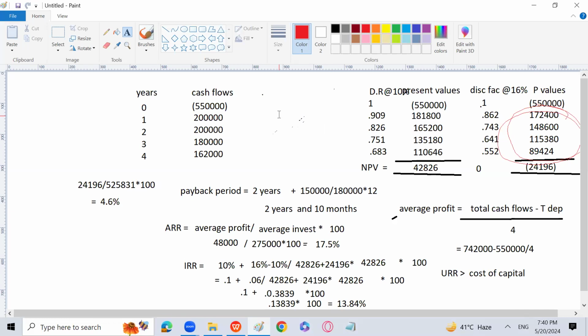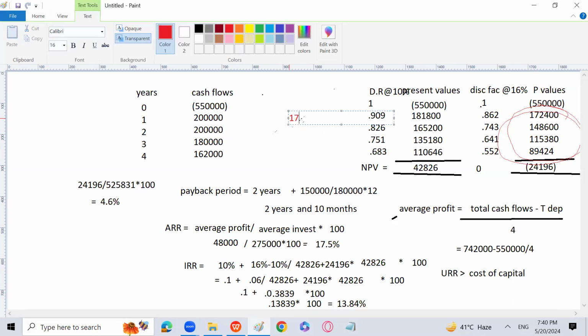So what you have to do, as I discussed with you, 172,400 multiplied by 104.6%. You can calculate 4.6% and add it up also.